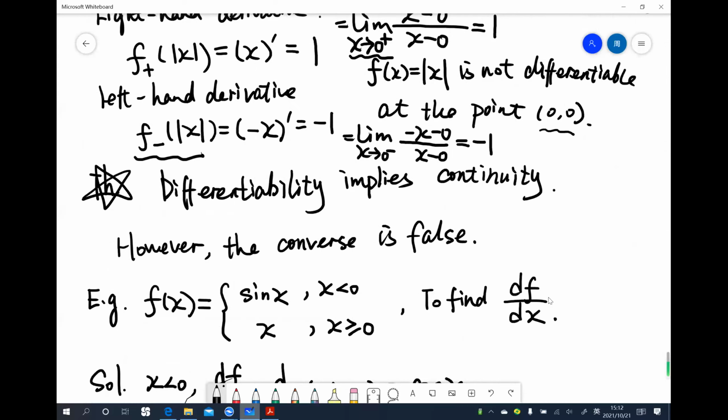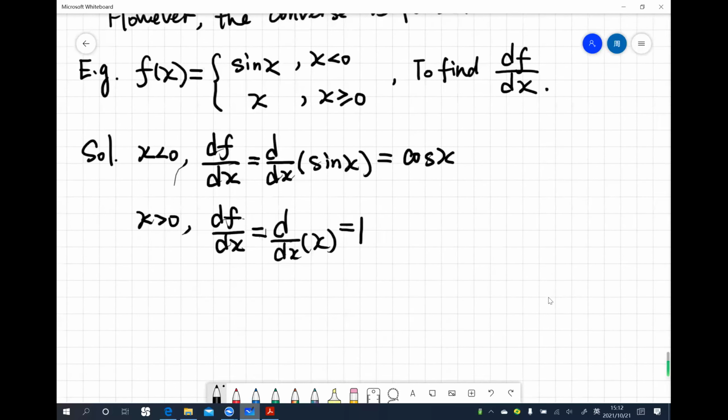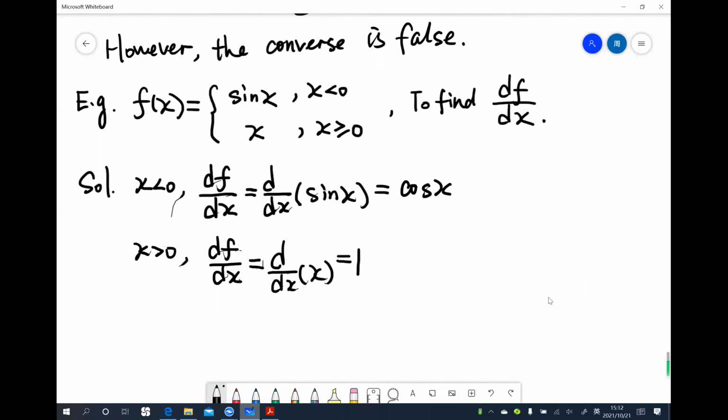And for this example, we also have to use the definition to check if the derivative exists. So if x equals 0 here, you should know we have to consider the left-hand derivative and the right-hand derivative.